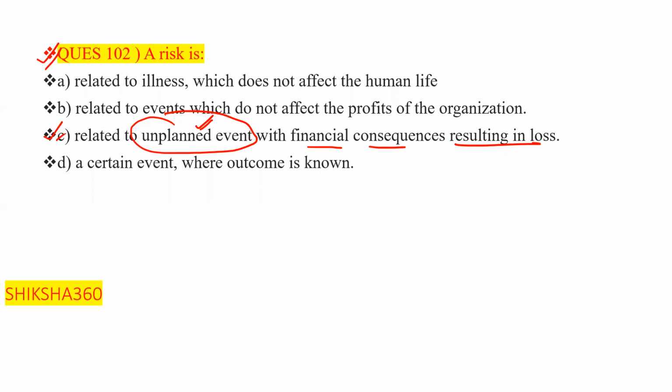A risk is related to an unplanned event with financial consequences resulting in loss. So please remember, a risk is always an unplanned event with financial consequences resulting in loss. So this one is our answer. Option number C is the answer here.